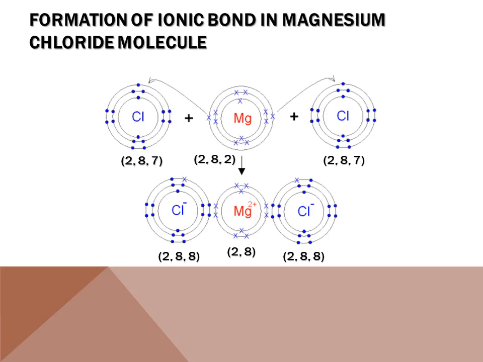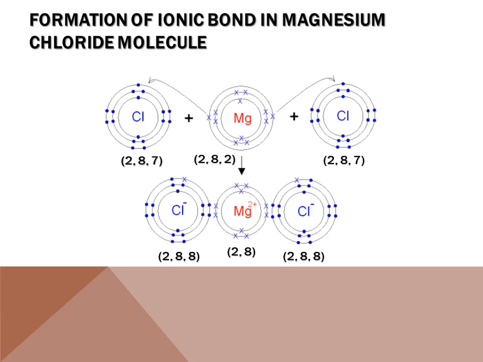So chlorine requires 1 electron to complete its octet. Whereas magnesium, which has 12 electrons, is distributed as 2 electrons in the first shell, 8 electrons in the second shell, and 2 electrons in the third shell. So these 2 electrons are extra and have to be given away so that its octet can be completed.